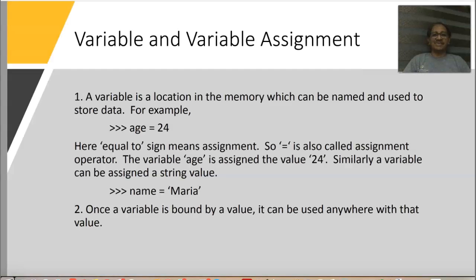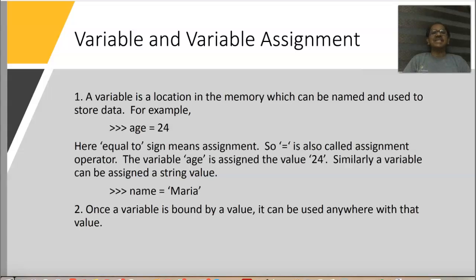What is a variable? A variable is nothing but a location in the memory, and that location can be named, and then it can be used to store data. For example, age equal to 24.